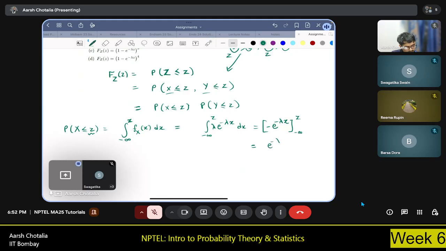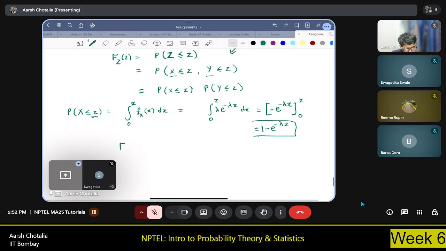Did I make any mistake? Sorry, this should start from 0 because exponential is only defined from 0. Yeah. So this becomes 1 minus e raised to minus lambda z. Okay. Which means our F_Z(z) would be 1 minus e raised to minus lambda z.